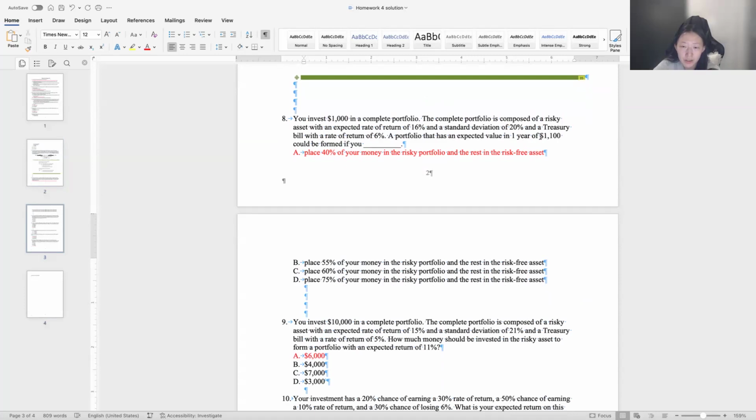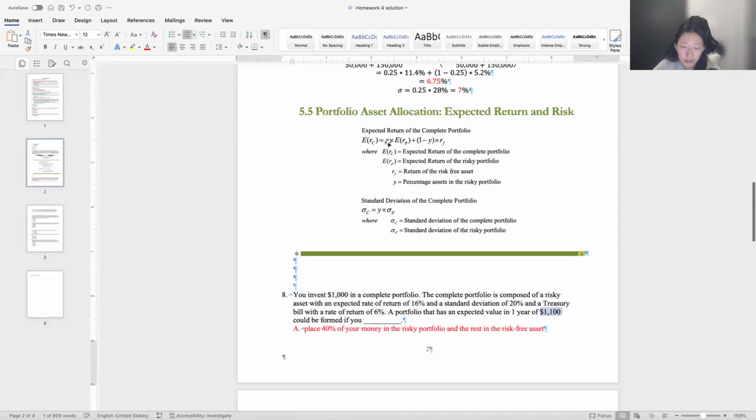So we expect $1,100. And the weight is unknown, so we're solving for y here.